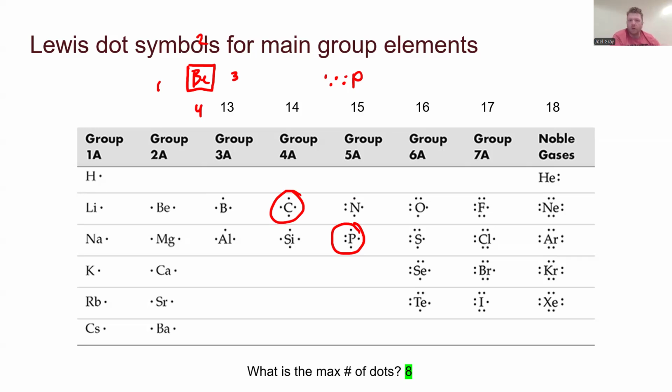If you're looking for a really good reference on the standards, use this slide right here. This shows a really great model for the Lewis symbols, or the Lewis dot structures, as you might hear them referred to, of our main group elements.